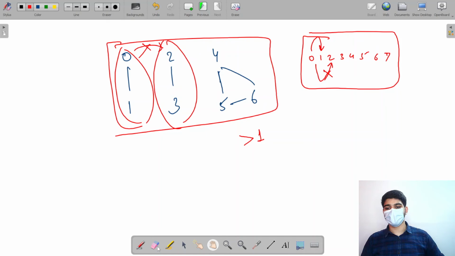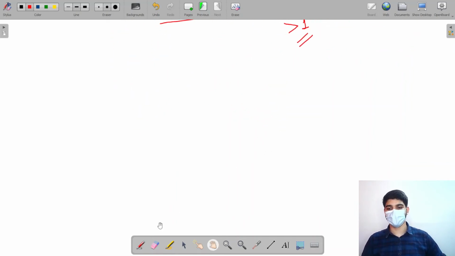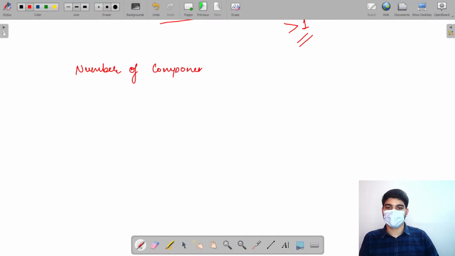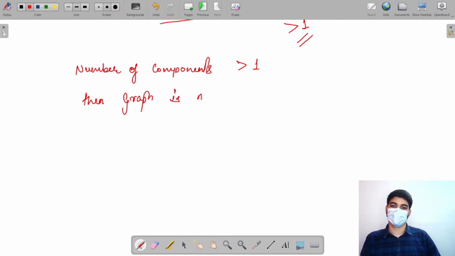That means if my number of components, if I write this more properly over here, which we already discussed in the previous question, what components mean, if they are greater than 1, then the graph is not connected, right?